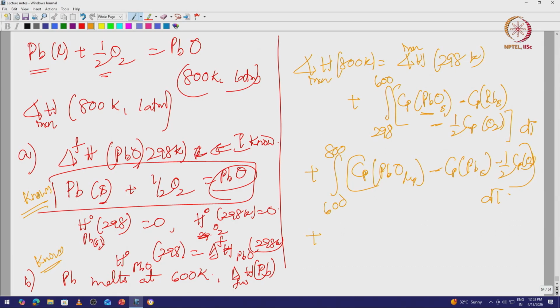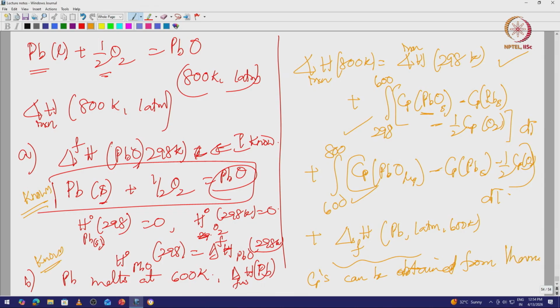So, it can be read off from thermodynamic tables, plus delta H fusion of lead that occurs at 600 Kelvin, 1 atmosphere. So, this is the latent heat term. That is it. I know this term, and the Cp's can be read from thermodynamic tables.